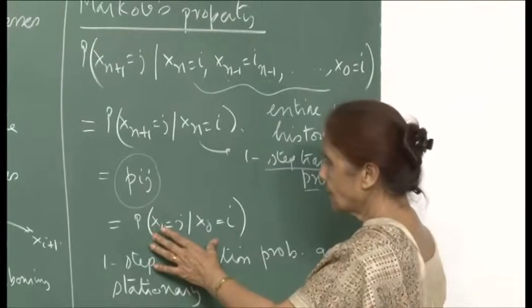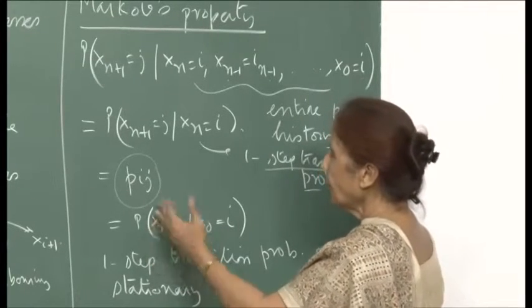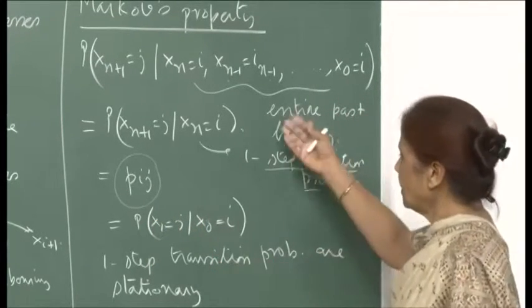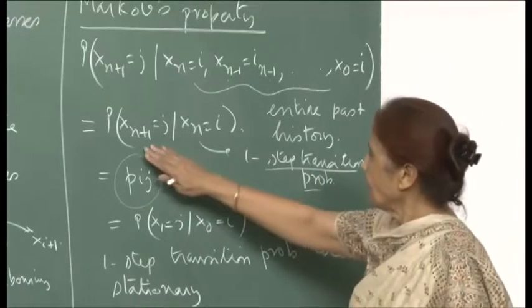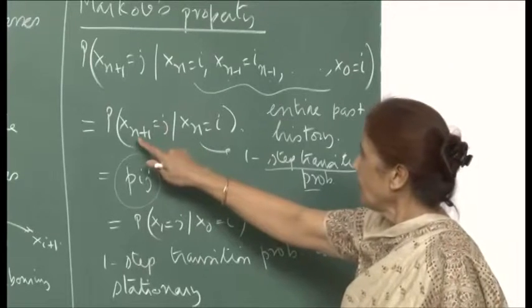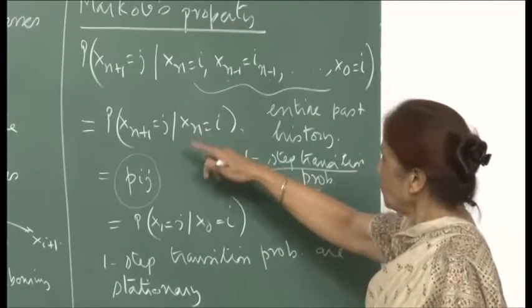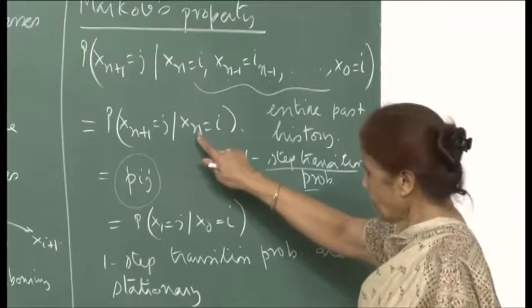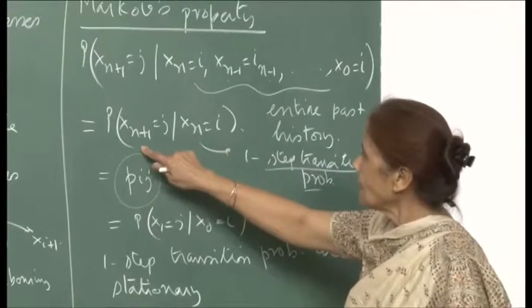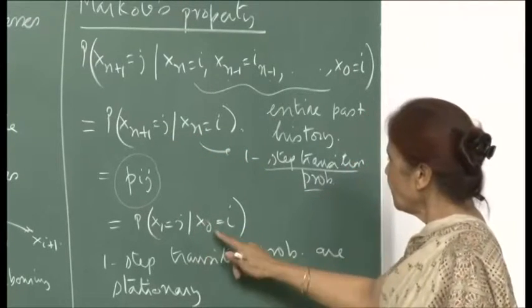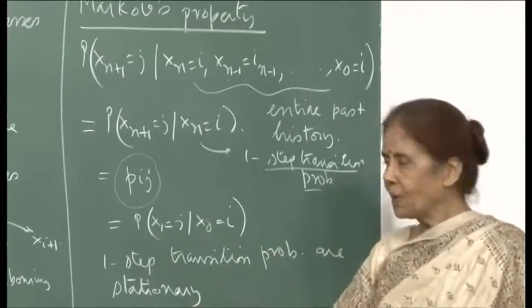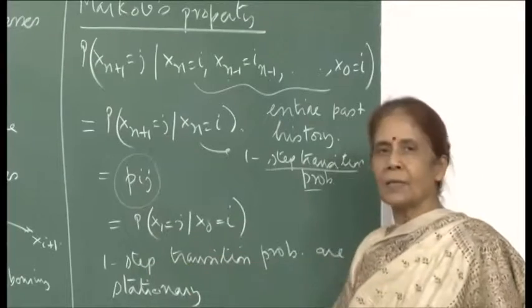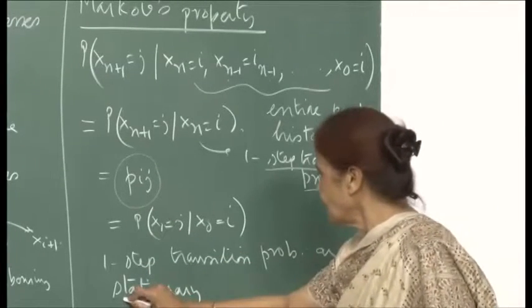We denote that one step transition probability, and we say that over the long period that the process goes on, this does not change. Whether you are considering the change from time period n to n plus 1, or the change from the initial state to the first period, those probabilities remain the same, and that is why the word stationary.